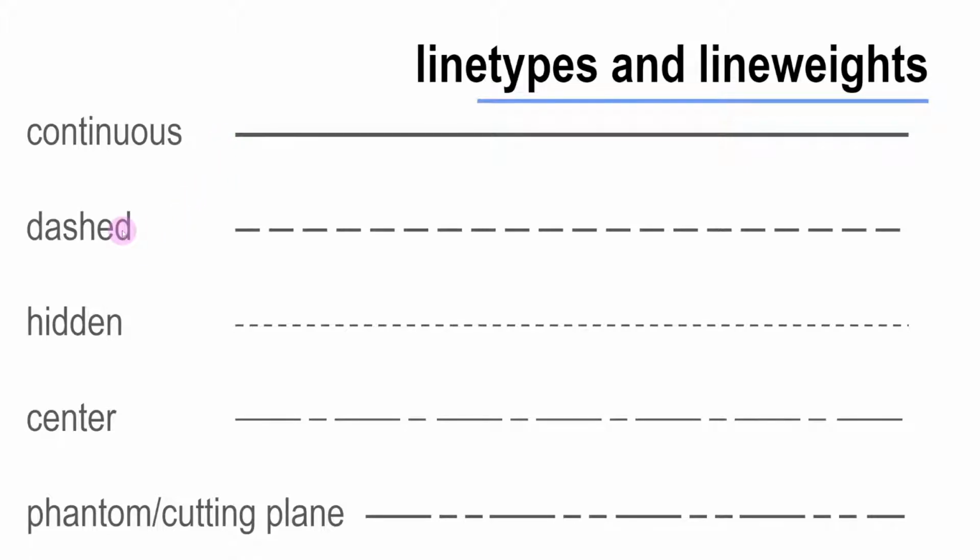Another type of line we'll see is a dashed line, and it's kind of tied between a dashed and a hidden, and you can see the difference is that with a dashed line, the lines are a little bit longer, versus with a hidden, they're much shorter. Dash lines are used to show features that are underneath our current view. If you remember from the orthographics lecture, I described a floor plan as if we're cutting our building open horizontally and then looking down into it.